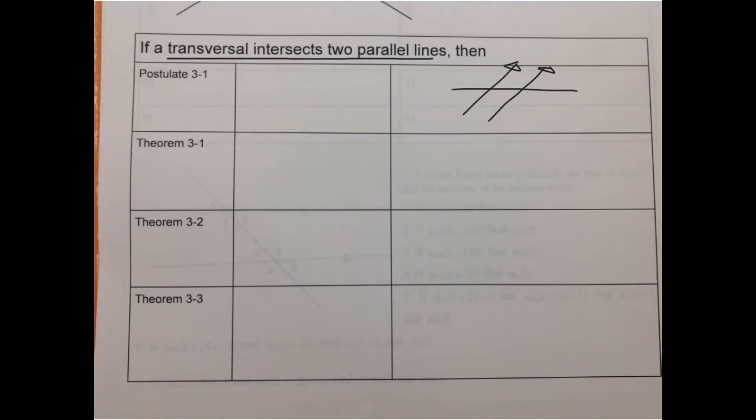Postulate 3-1 says same side interior angles. So these angle pairs we found in our last section, same side interior angles are supplementary.